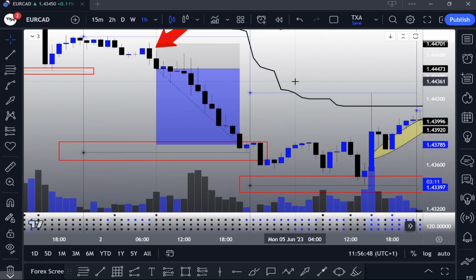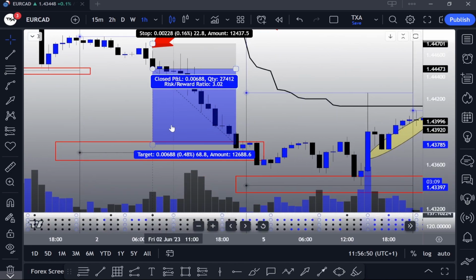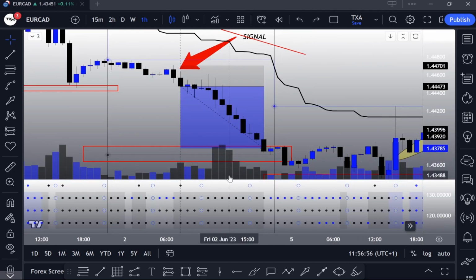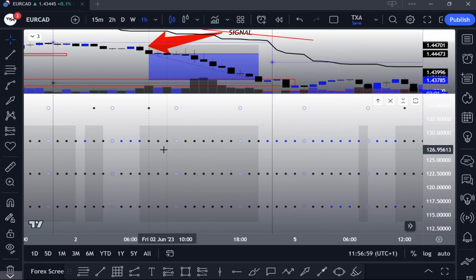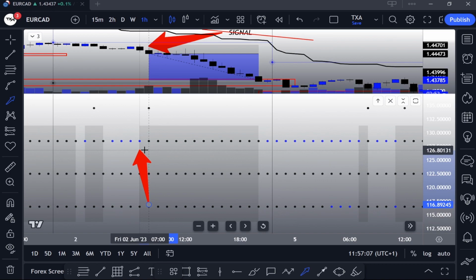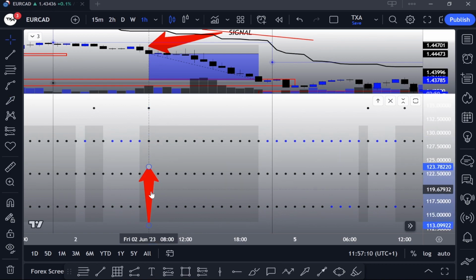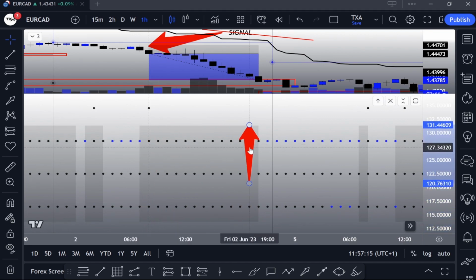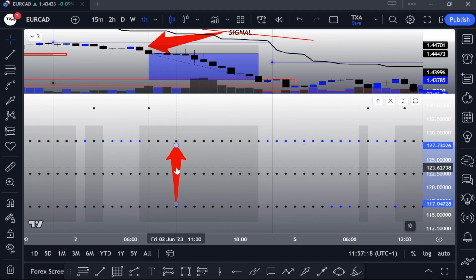How do you know when to come out of the trade? Good question. Once again, we zoom into the trend meter. As you can see, this is where we enter. Around this section, we are seeing the 4 dots, 1, 2, 3, and 4. And this gray box behind the dots is showing us that the trend is still going downwards.